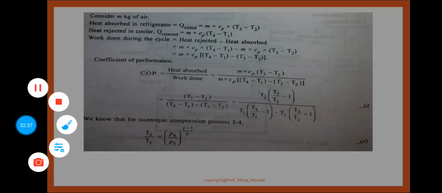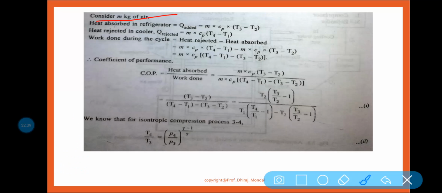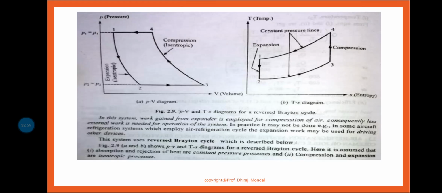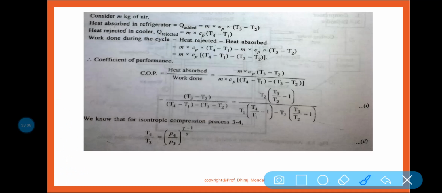Now considering m amount of mass of air is entering the system, the heat absorbed at constant pressure is mcp delta T, so heat absorbed is equal to mcp (T3 minus T2). Why T3 minus T2? Because this is the diagram, 1, 2, 3, 4, you can see it is your PV diagram.